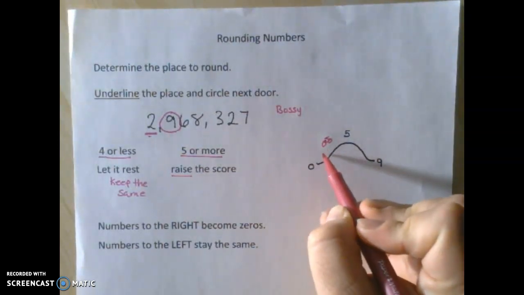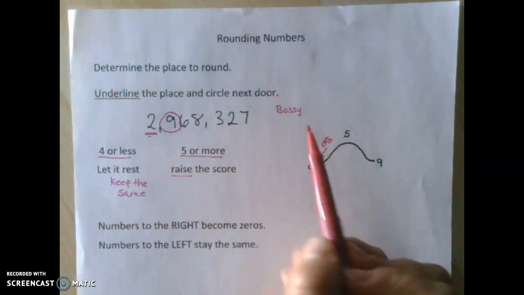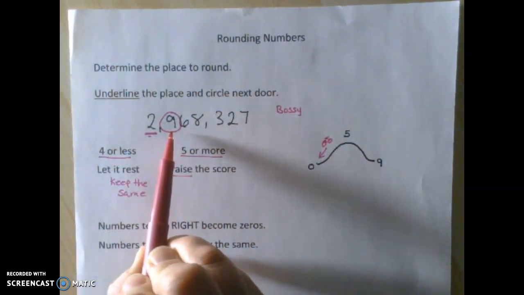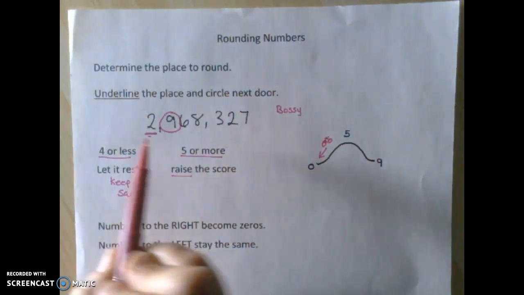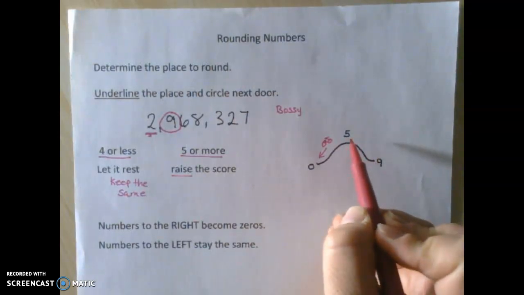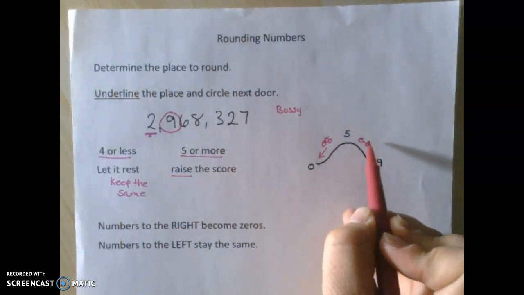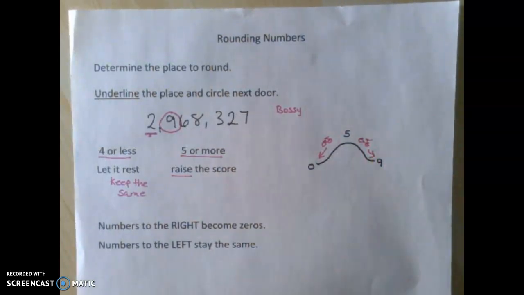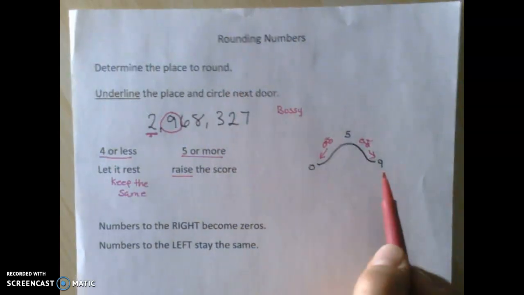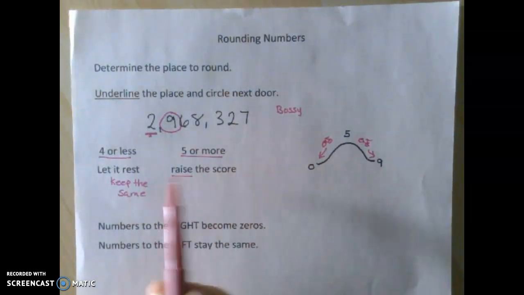That bike would roll back down the hill, wouldn't it? It would go right back to that starting point. So that's like saying, if this digit isn't large enough, then this digit's going to stay the same. If I made it all the way to the top of the hill, or part of the way past the top of the hill, then my bike would roll all the way down to the other end towards that larger number. So 2 different ways that we can think about rounding.